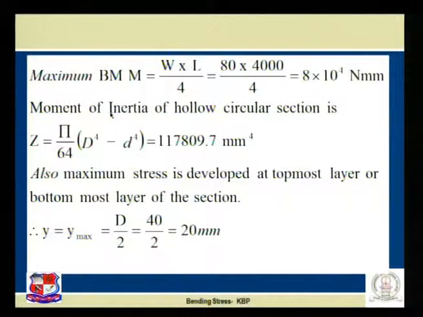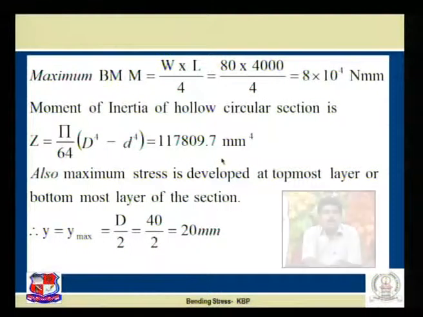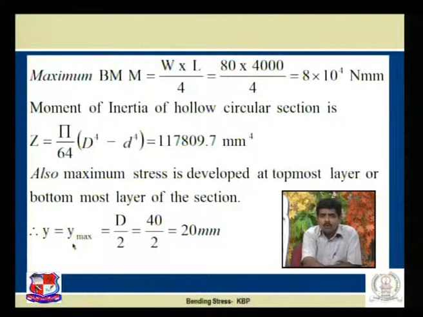Now the moment of inertia we can find out as, this is not Z, this is the value of I, pi by 64 times D raised to 4 minus d raised to 4. We know both the values, small d and capital D, so we can find these values, and we can also find Y max as d by 2, that is 40 by 2, that is 20 mm.